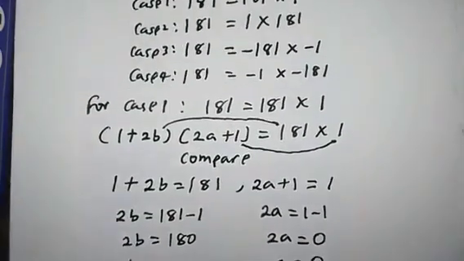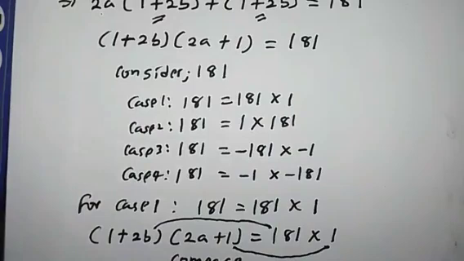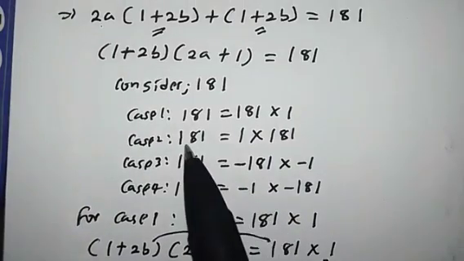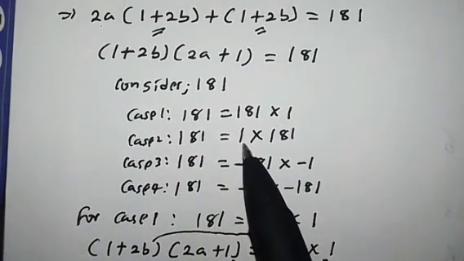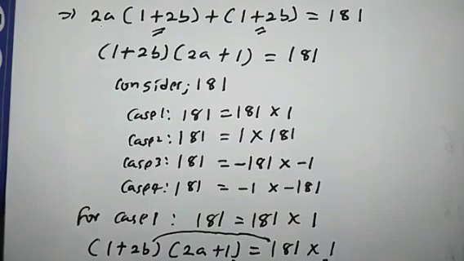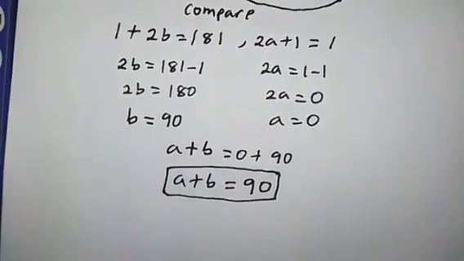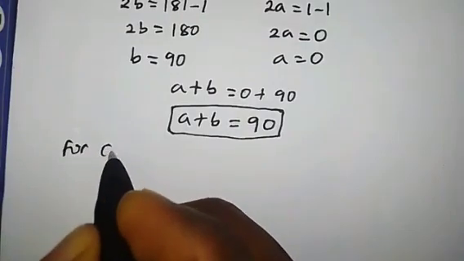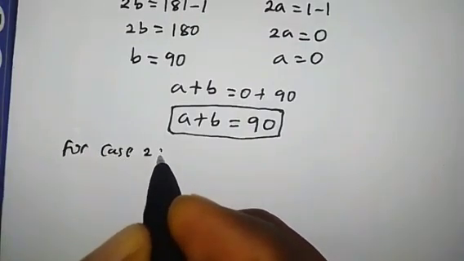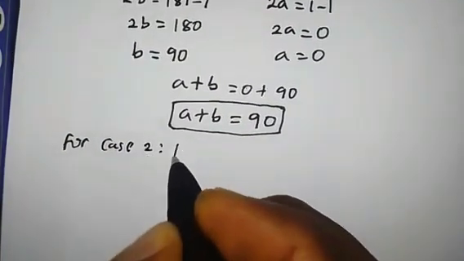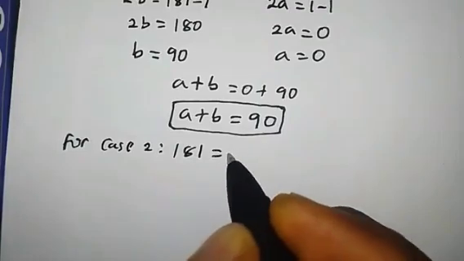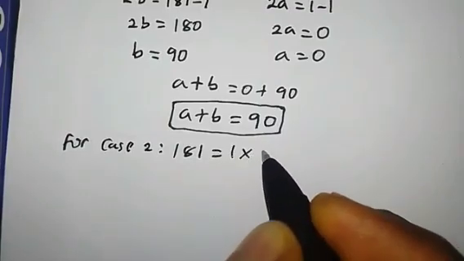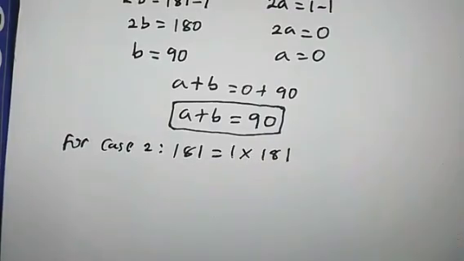Now, let us consider case 2. Case 2 is 181 is equal to 1 times 181.